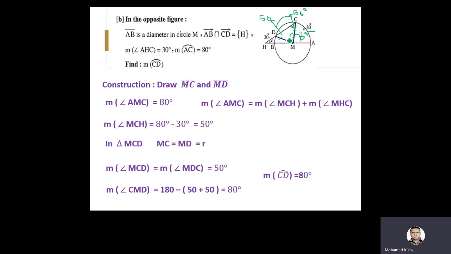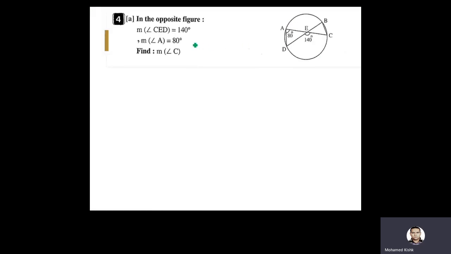Let's go to the next question. The next question is, in the opposite figure, we have this angle which is formed from the intersection of two chords of a circle, and we have measure of angle A is 80. This angle is 140.